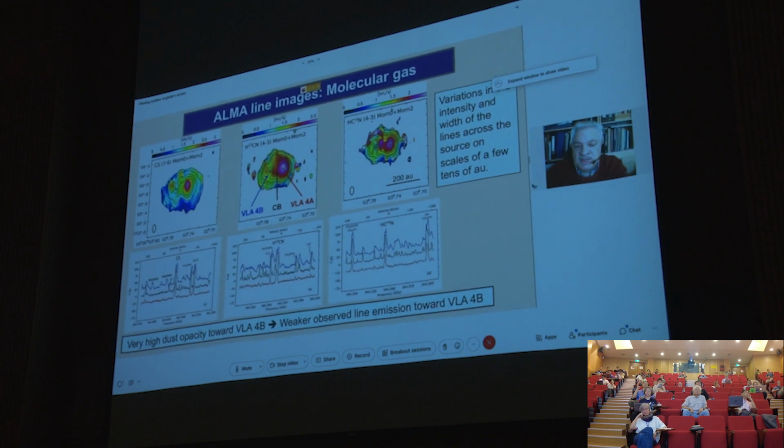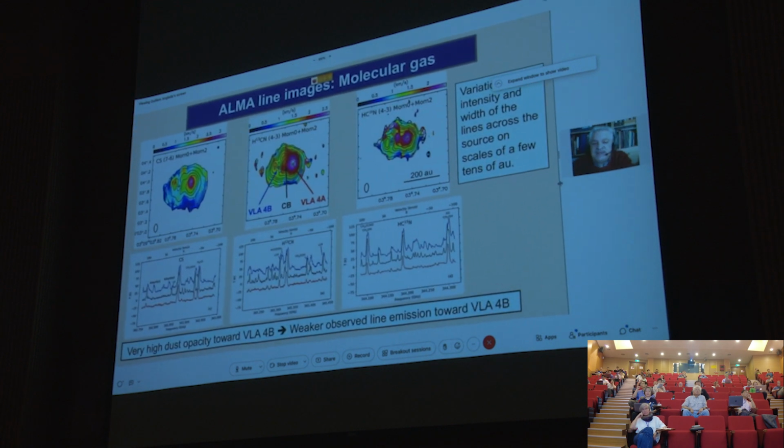But we think this is because of the very high dust opacity: when we subtract the continuum, the molecular emission also decreases, because the emission is optically thick, so the subtraction is not perfect.